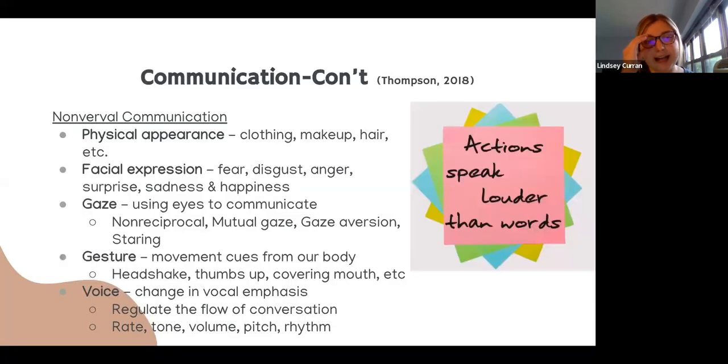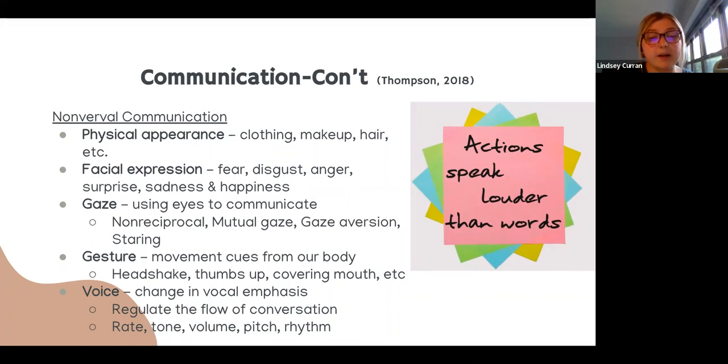Next up, I wanted to hit on some nonverbal communication. A lot of nonverbal communication is just seen on individuals. Things like physical appearance, clothing, makeup, hair, it all says something about you, and people can translate that differently.